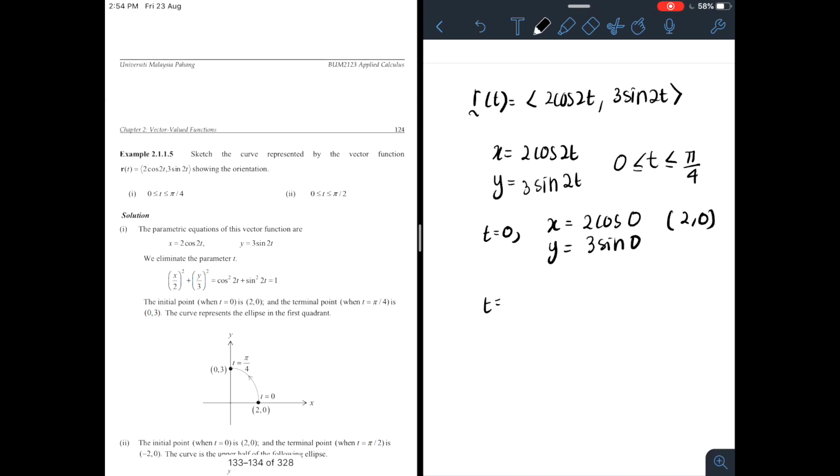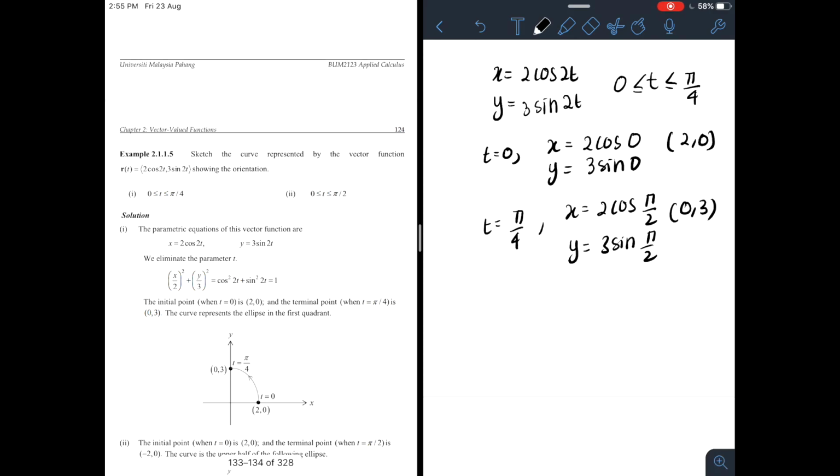When t is equal to pi over 4, x is equal to 2 cosine pi over 2, and y is equal to 3 sine pi over 2. If you use your calculator, by right you will have (0, 3), and then you will have this parametric curve.